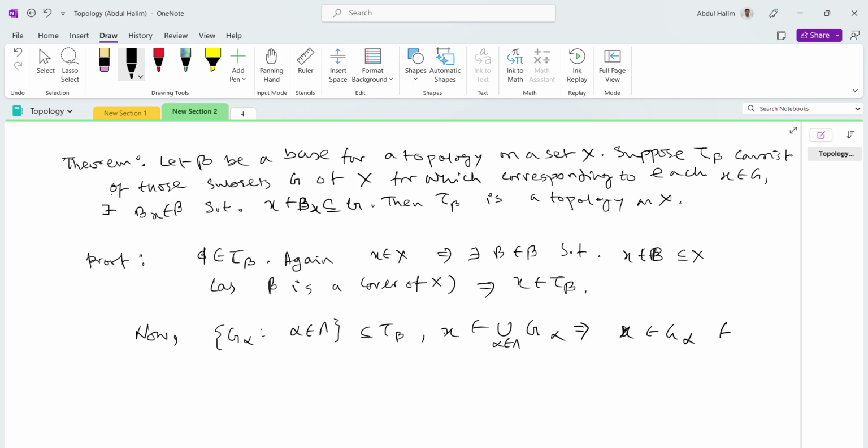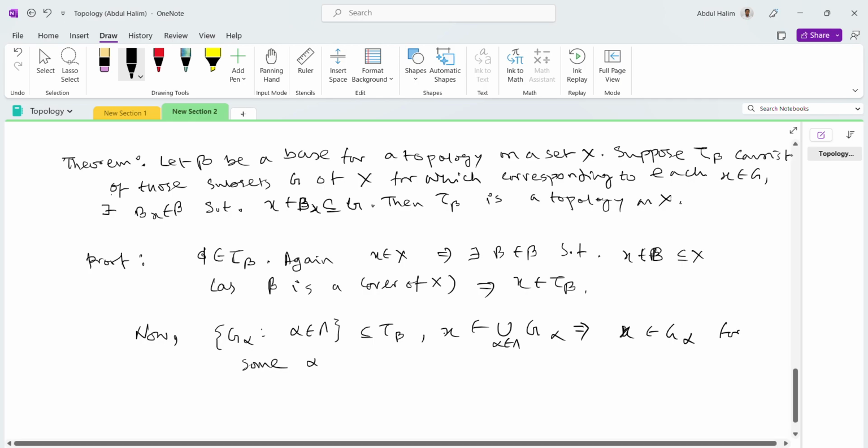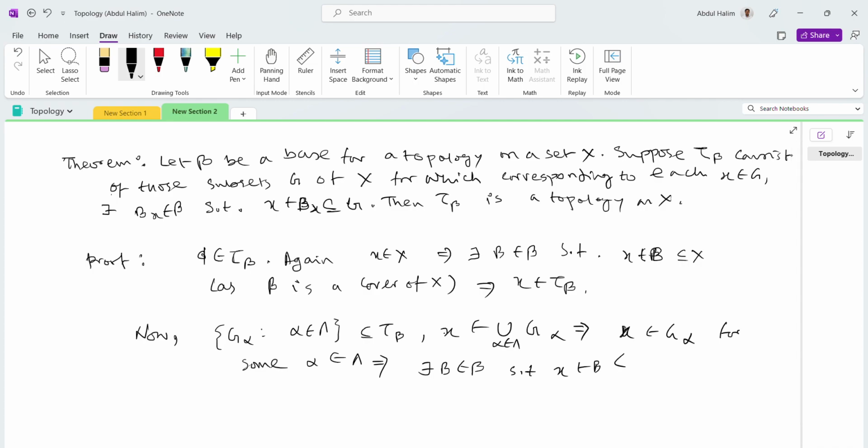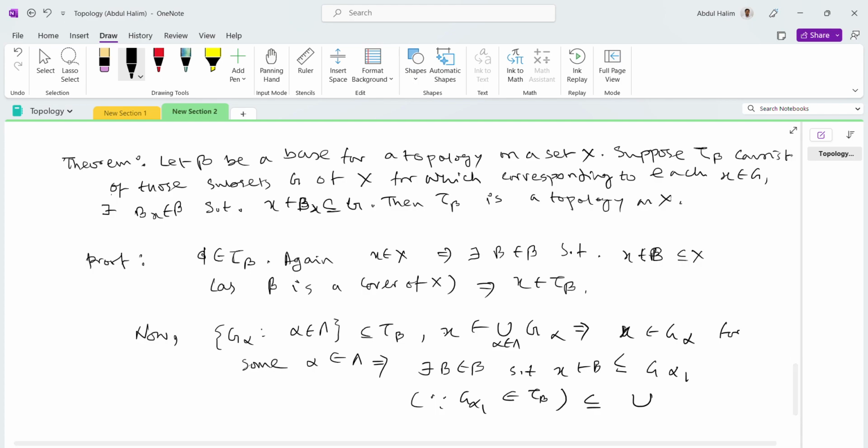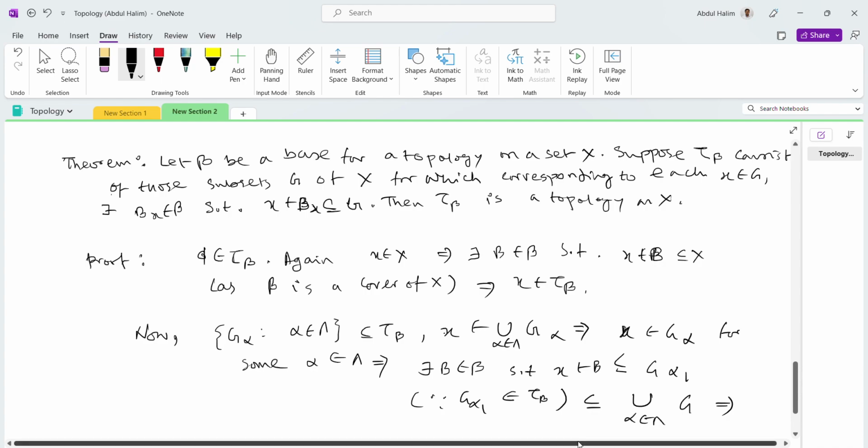Now let G alpha be an indexed set, a subset of tau beta. Then x belongs to the union of G alpha over the index set implies x belongs to G alpha 1 for some alpha 1 in the index set.